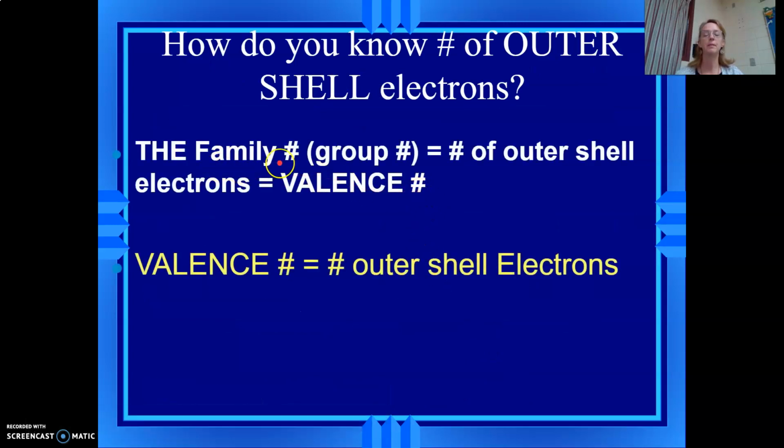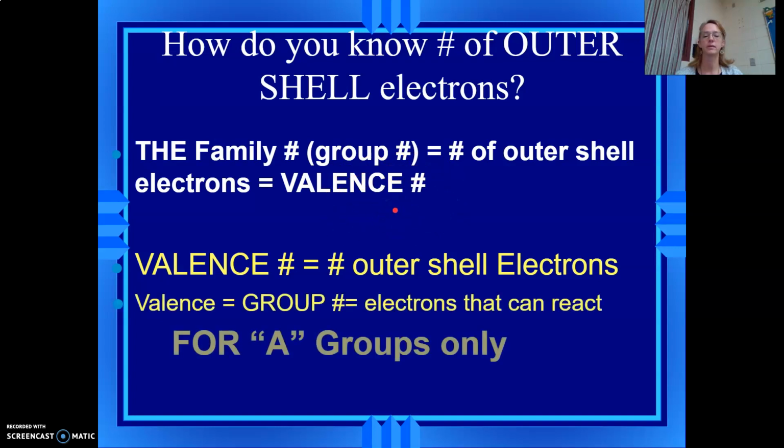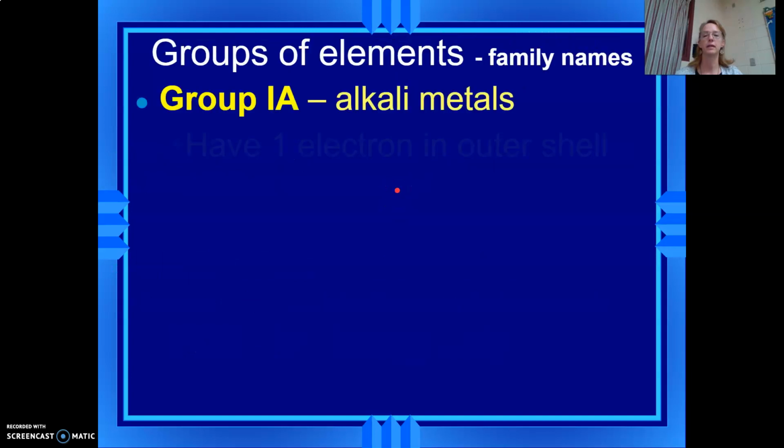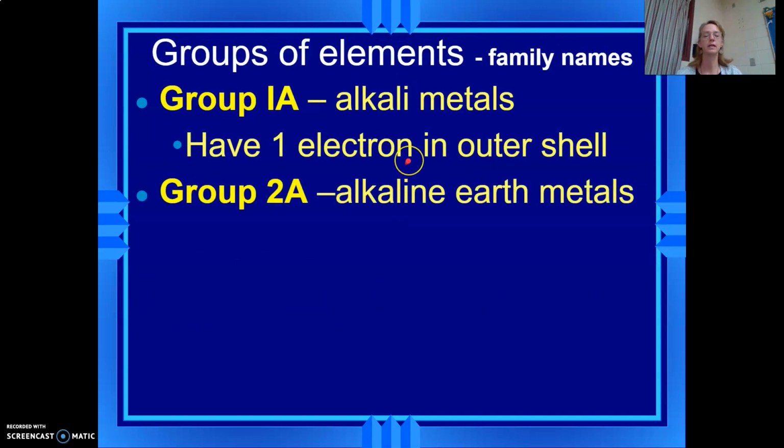So the family number matches how many electrons are in that outer shell. So valence number matches group number, and we're going to look at that. So we need to name some of these groups. Group 1A, the first vertical column, are called the alkali metals. They have 1 electron in their outer shell.